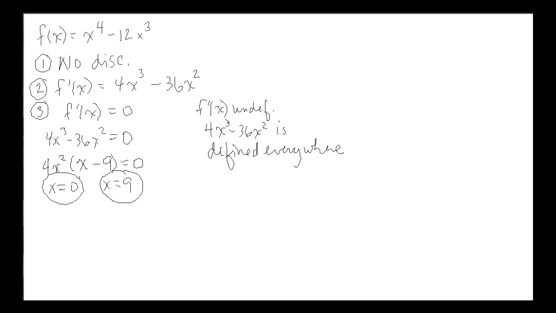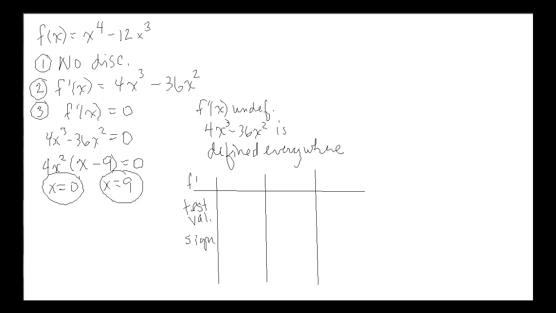Okay. So let me go ahead and create that chart and fit it in down here. I have 3 intervals. F prime, test value, sign, and increasing or decreasing.